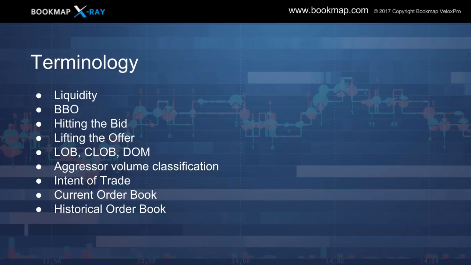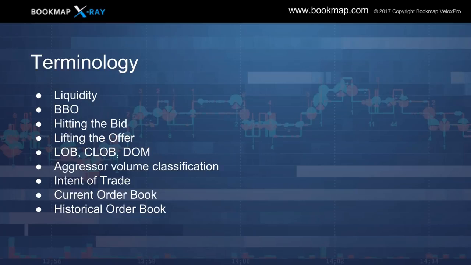The intent of trade. That is the traders lined up on the bid or the offer in the depth of market. Okay. The current order book is the current state of that order book right now. What's going on in the order book? The depth on the offer, the depth on the bid, the best bid and offer, the last traded volume, and the spread.